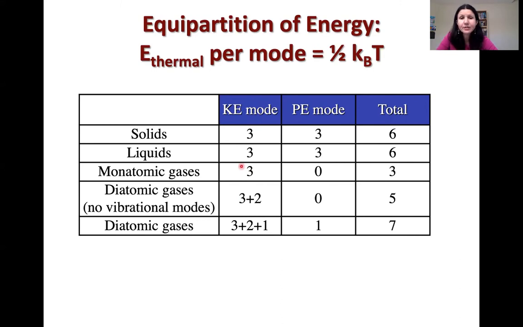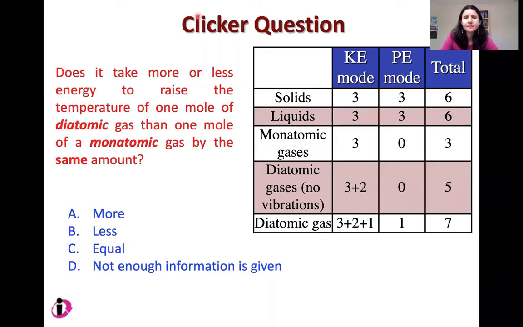So monatomic gases have only those 3 modes. Diatomic gases at temperatures where the vibrations are frozen will have 5: the 3 translational plus the rotational. When the vibrational modes are not frozen, we also have 1 vibrational kinetic and 1 potential, which gives us a total of 7 possible modes.